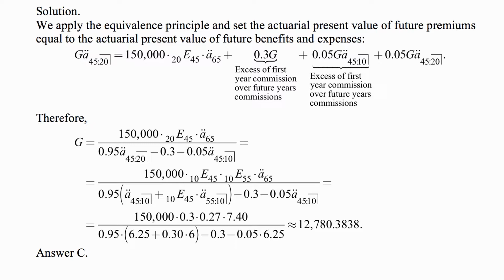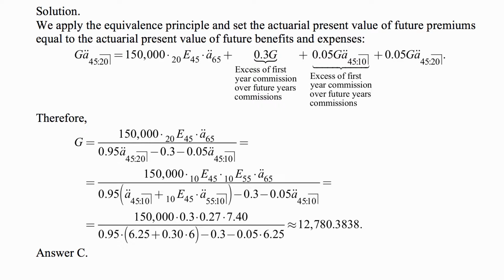G, plus 5% of premiums from age 45 to age 55, and then 5% of premiums from age 45 for 20 years. So these are two excesses of commissions. The first one is extra commission in the first 10 years, and the second one is extra commission in the first 10 years plus the entire deferral period, so over 20 years altogether.